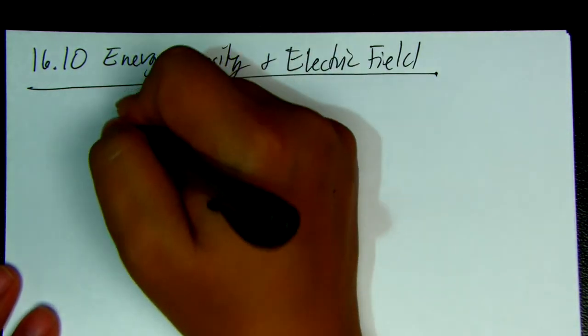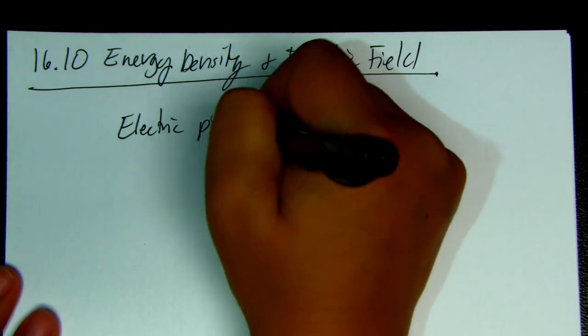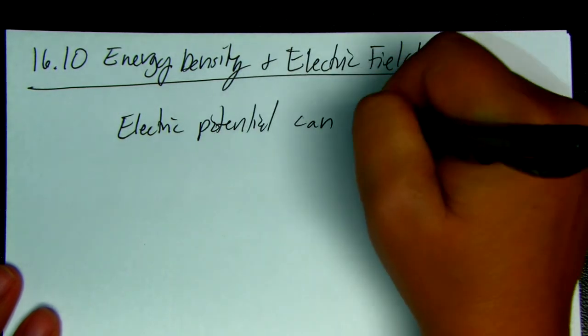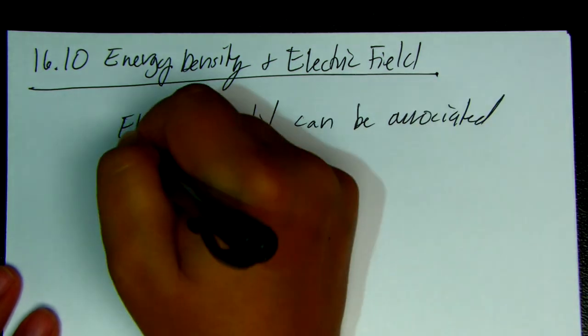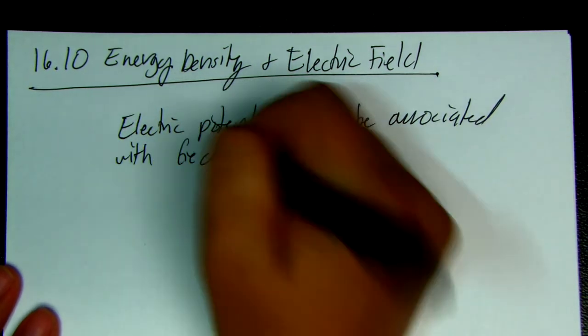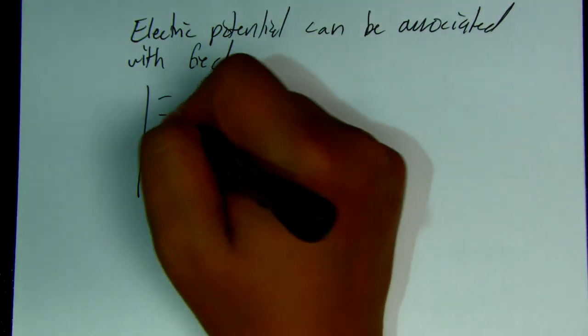fields. So electric potential can be associated with fields. So let's think about this. So let's say we had a capacitor. Here it is.